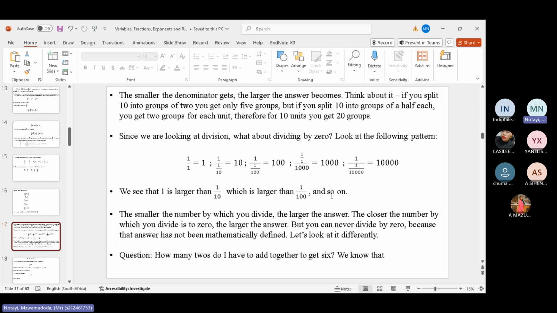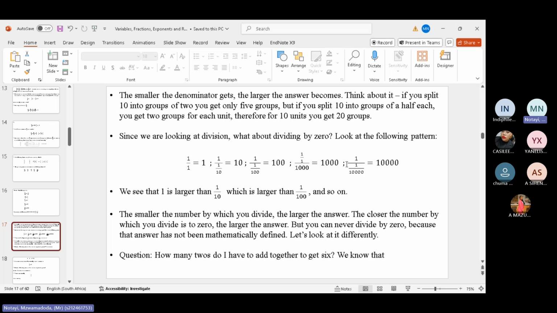100, and so on. The smaller the number by which you divide, the larger the answer. So you know that 1 over 10,000 is smaller than 1 over 1,000.